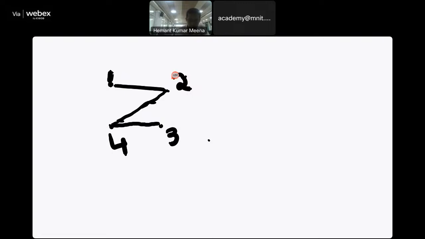So four vertices are there and these are basically the connections. So now we have to make a matrix. It will definitely be a 4 by 4 matrix, as it's four vertices.